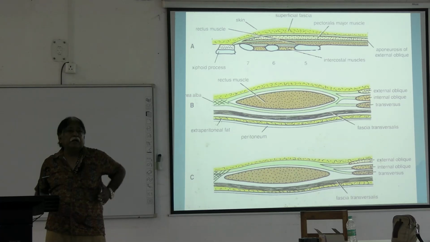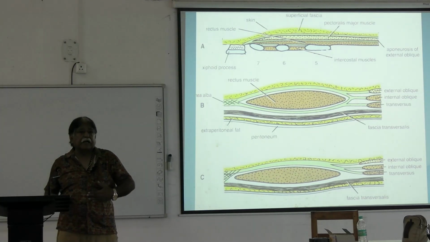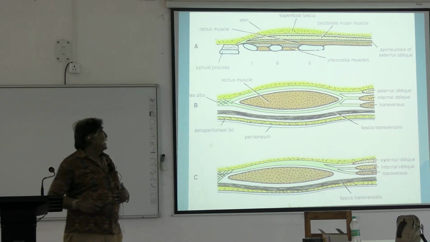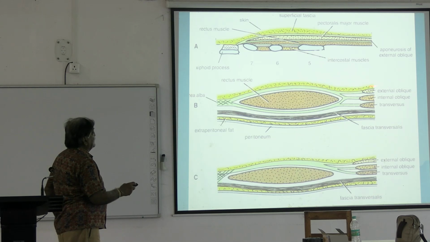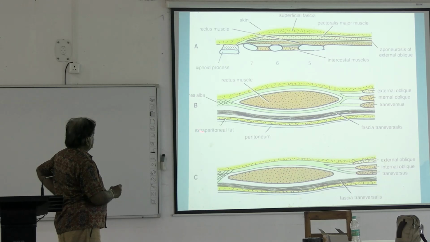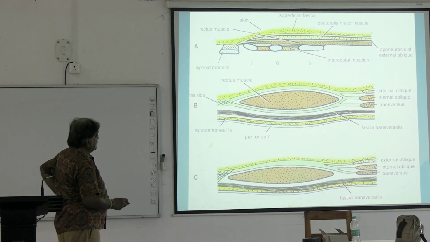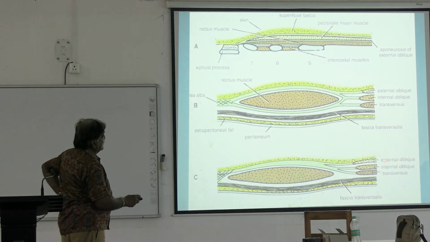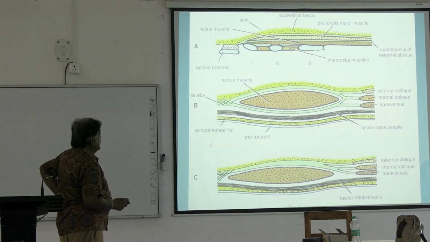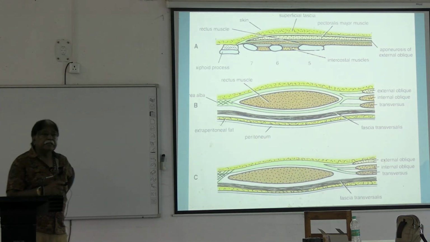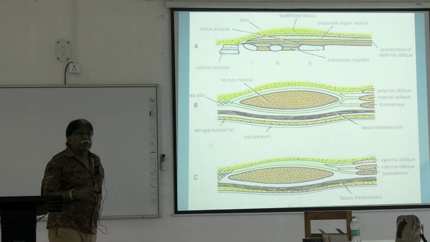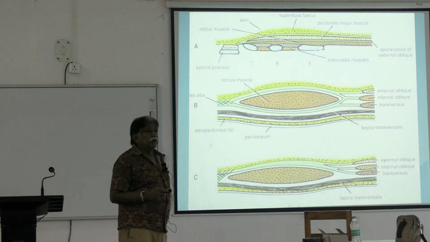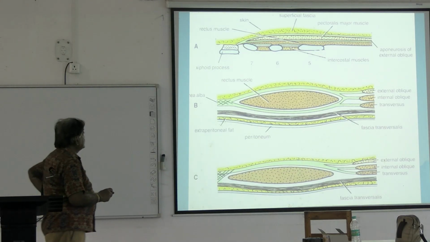They are all coming from the posterior aspect into the midline, and see how they split. Extraperitoneal fat, peritoneum. This is the fascia transversalis, the external oblique, internal oblique, transversus. You draw this sketch when you are revising or in your exam. Please see this.